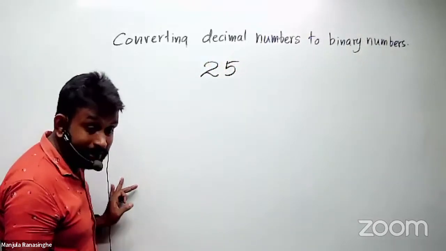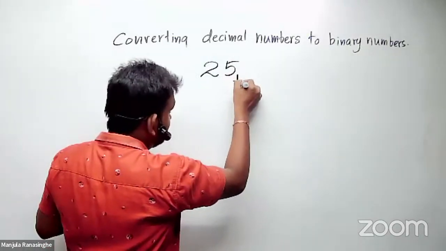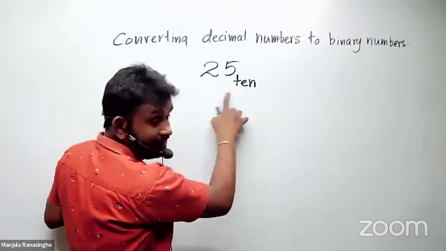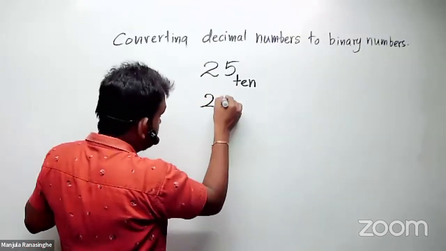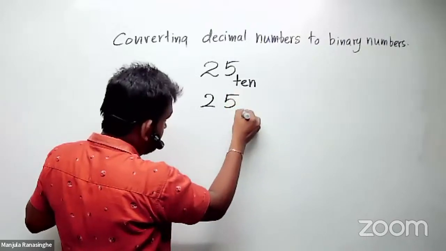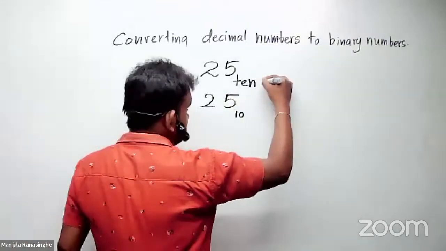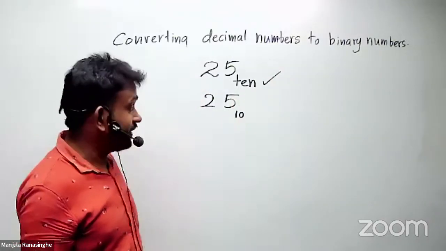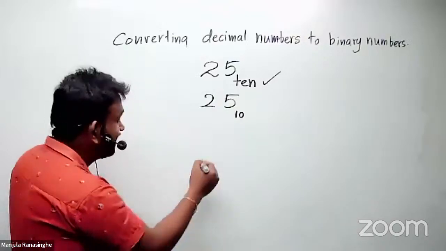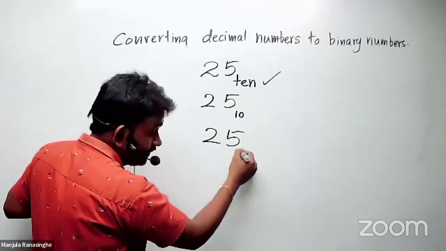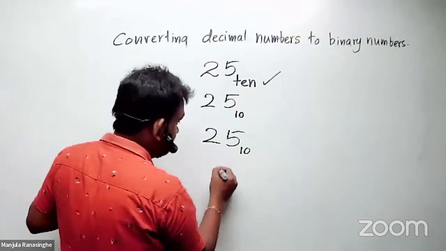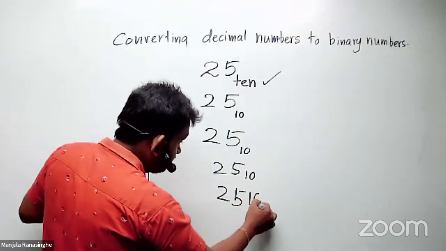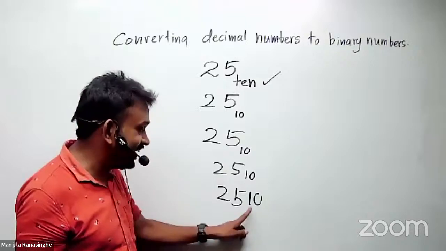So when you are writing a number in this lesson, if you write 25, you have to mention what the base is. If it is decimal, the base is 10. There are two methods. You can write 10 in the top corner, or write 25 base 10 in words. I prefer the words method, because sometimes students write 25 with 10 in the first instance, and later it comes in a different way, and then that is totally incorrect.